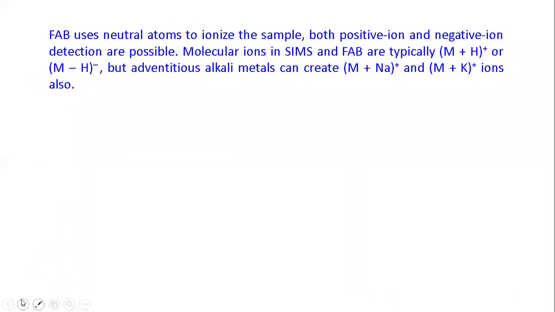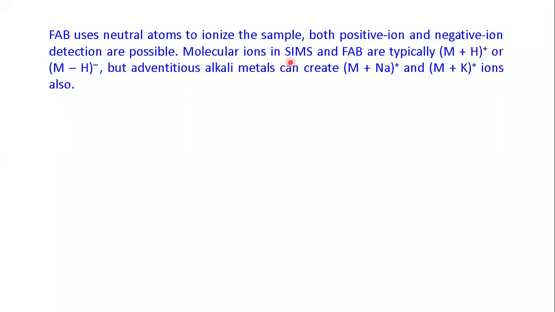Now, fast atom bombardment uses neutral atoms to ionize the sample. Both positive ion and negative ion detections are possible, as I told, you have positive ion generation and negative ion generation when the collision takes place.